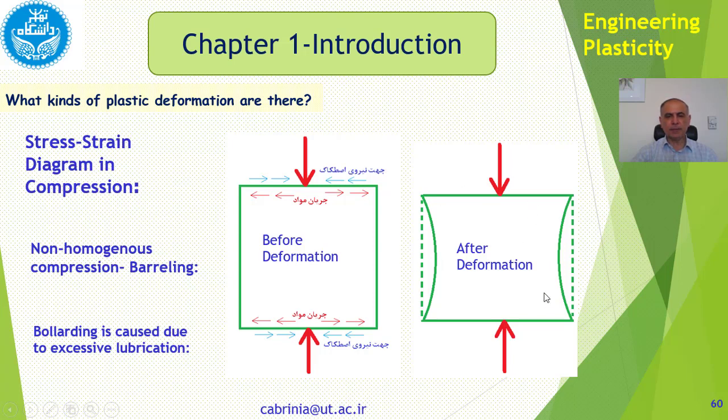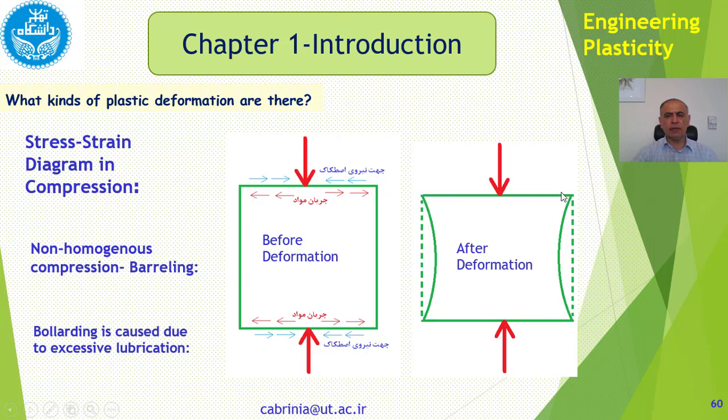What's happening here? Here we have lubricated the surfaces very well, perfectly lubricated, and therefore it allows the material flow to go further. But why at the middle hasn't gone as much as the top?